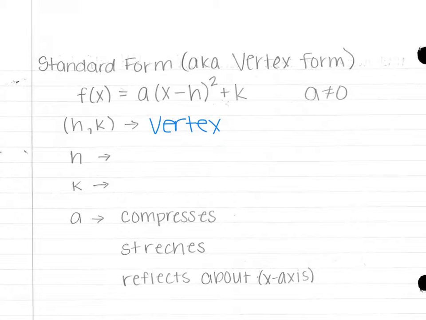h also describes the horizontal shift of the graph. So that describes whether we're taking that graph and moving it to the left or the right. And if h is positive, so h is greater than 0, you are moving to the right.